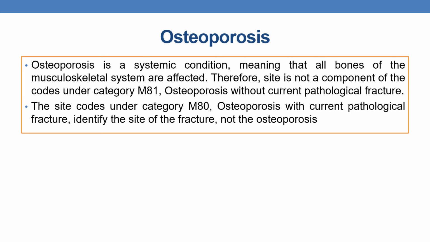Now coming to the next coding guideline, osteoporosis. Before going into the guideline, let us briefly discuss what is osteoporosis. Osteoporosis is a systemic condition, meaning that all bones of the musculoskeletal system are affected.